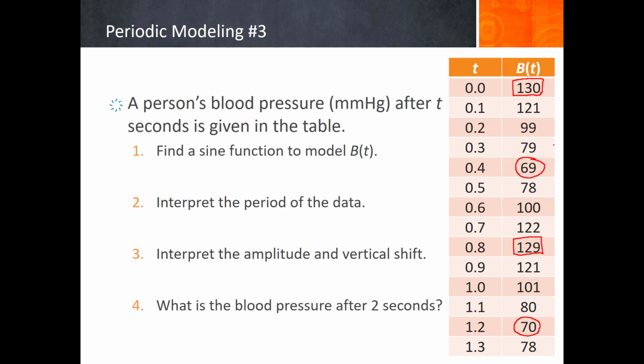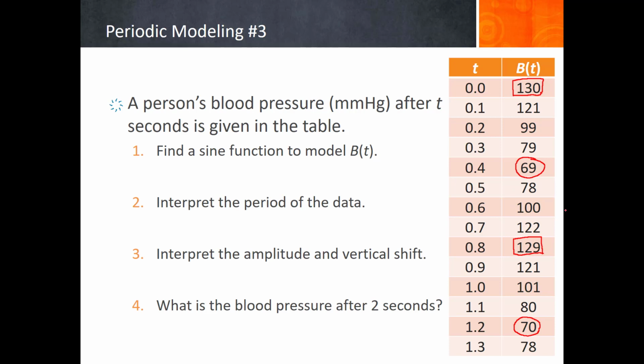So two things to notice: the maximums occur at 130 and 129 millimeters of mercury. Okay, they're not the same. Again, I mentioned that in the previous examples. And similarly, the minimums are 69 and 70. They're not exactly the same, but they are close. Okay, so when you're modeling data, you could choose to do this how you want.